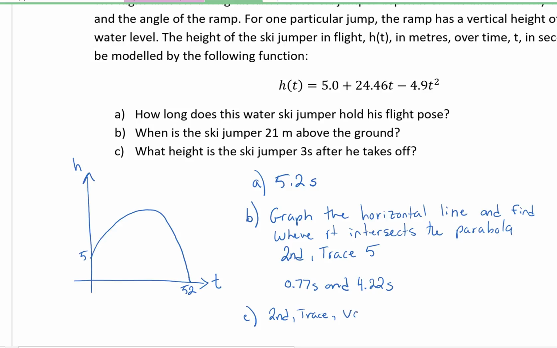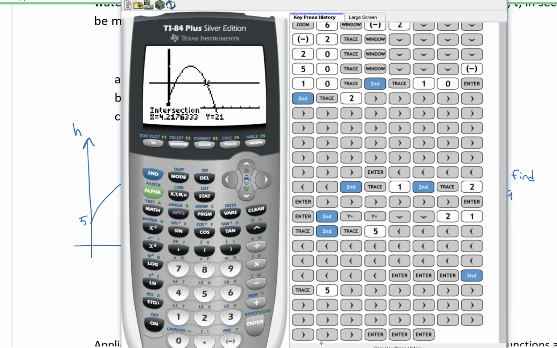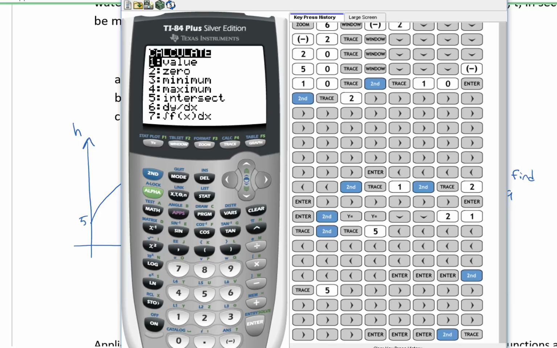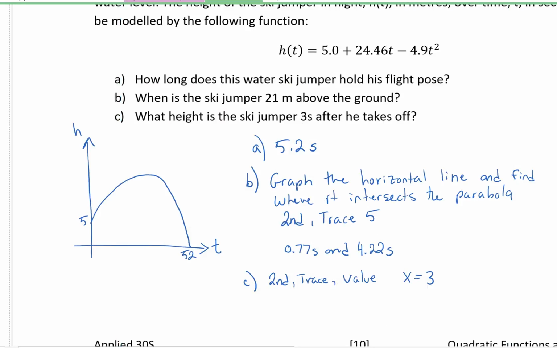Second trace, value, and you're going to put in a value of x equals 3 in your calculator and get the corresponding height. So second trace, value, 3, and the corresponding height for 3 seconds is 34.28 meters.